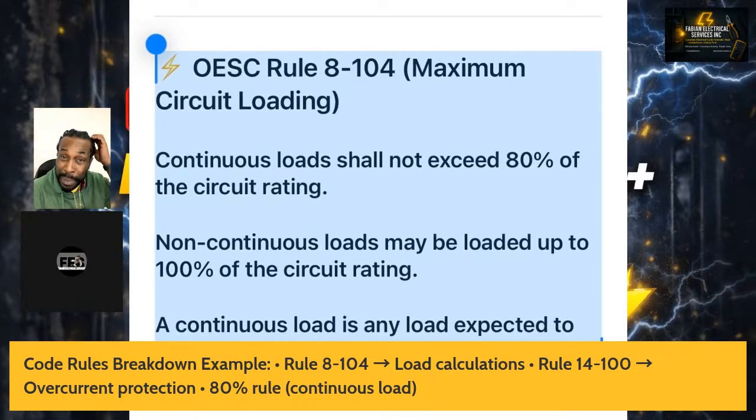That's what they mean by continuous load. This is right out of 8-104, and this is what we normally have to go by. This is where you get your 80% rule and so on.